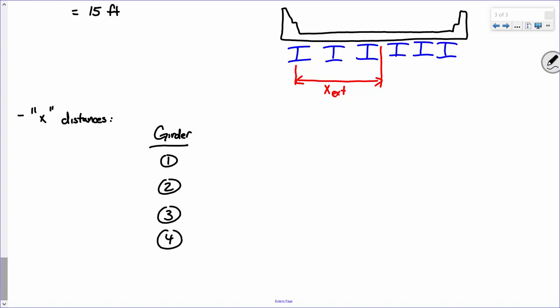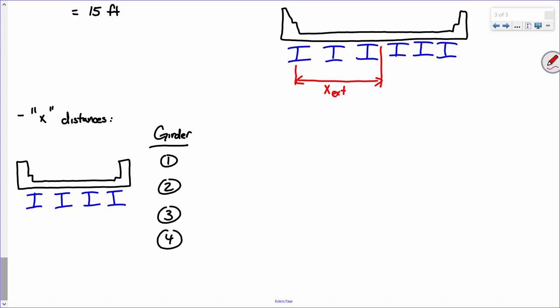Now, what we're going to do is this. Let me draw a little picture here to illustrate what's going on. So I've got 1, 2, 3, 4.